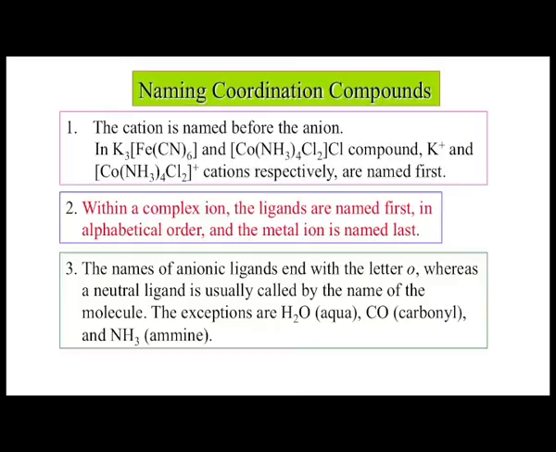Then within the complex, the ligands are named first in alphabetical order. So, A, B, C, D, the naming of the ligand. We should know the name of the ligand. So, ethylene diamine, when we name ethylene diamine, we consider that it has E. Similarly, diethylene triamine has D, and triethylene tetramine has T. So, the preference is in that alphabetical order in the names, once we know the names of all these ligands.